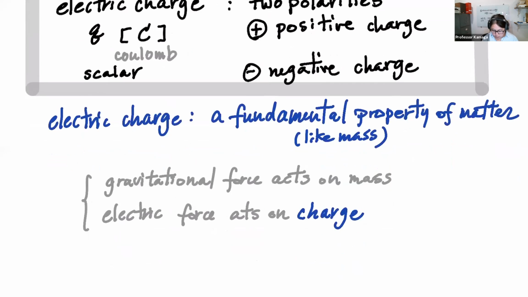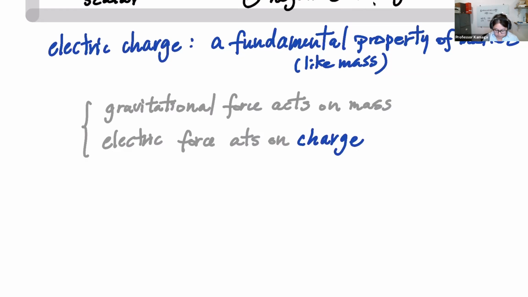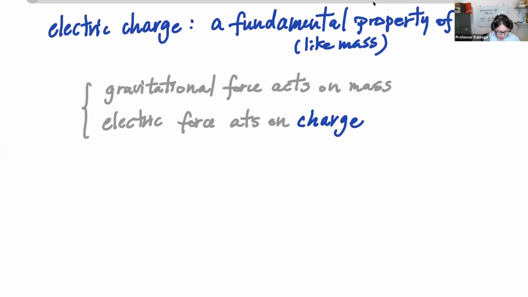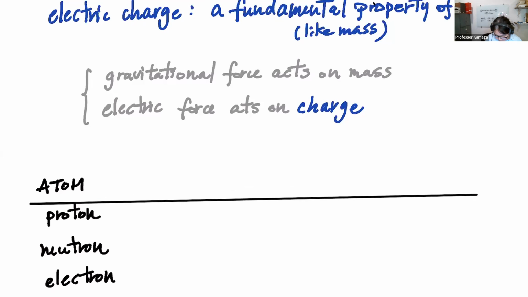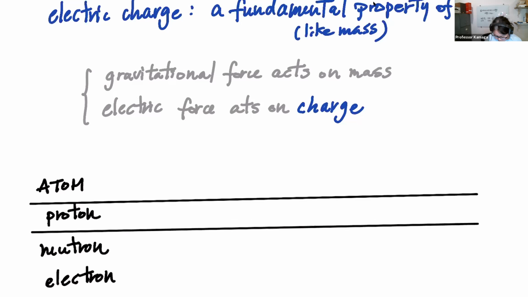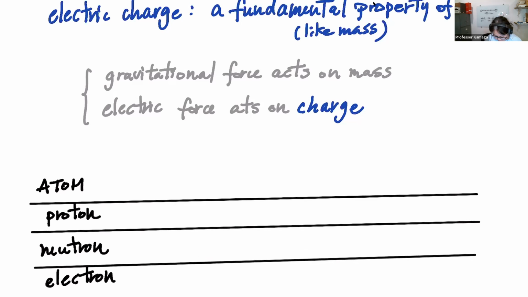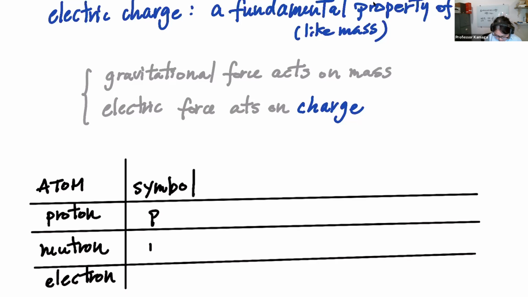So let's go back to the notes. All matter is made of atoms. In the atom we have protons, neutrons, and electrons. The symbol we use for proton is P, neutron is N, and electron is E minus.